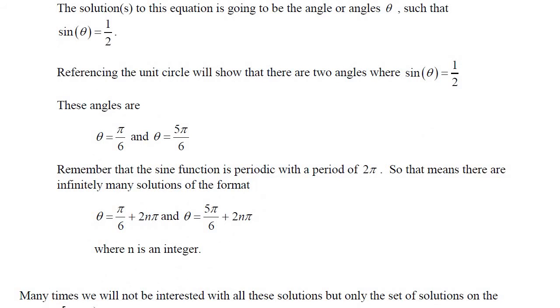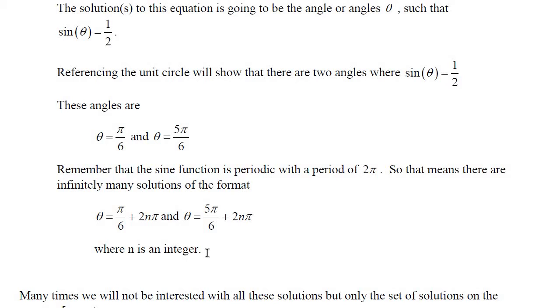Now remember that the sine function is periodic with a period of 2 pi. So that means that there are infinitely many solutions of the format theta equal to pi over 6 plus 2n pi and theta equal to 5 pi over 6 plus 2n pi, where n is an integer.